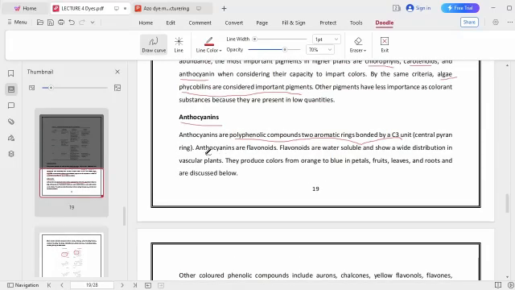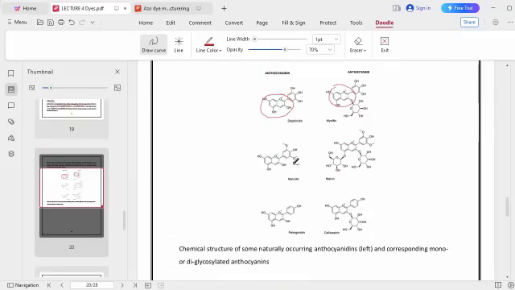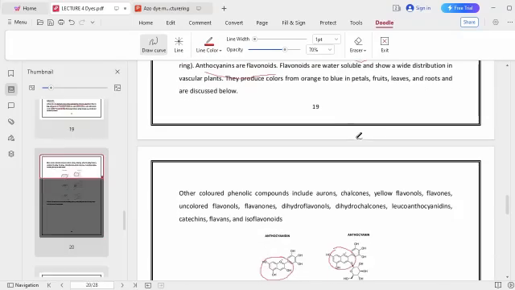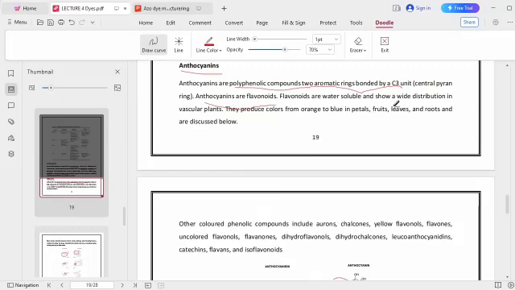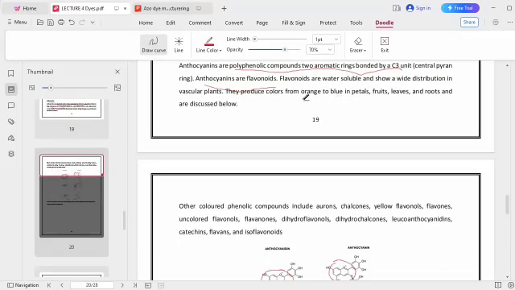And all anthocyanins are flavonoids, which means they contain this oxygen group here. They are soluble in water, and they produce different colors in petals of flowers or fruits, etc.